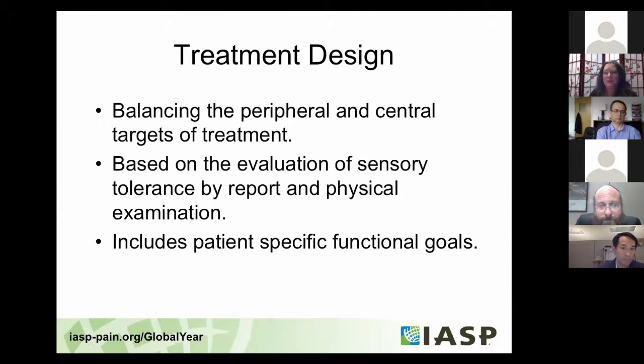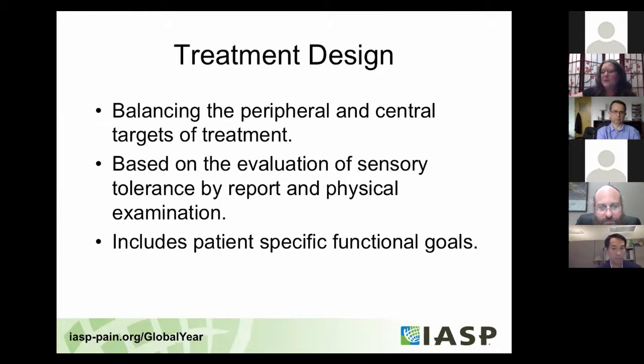So I think that an appropriate individualized treatment design needs to include a balance of both the peripheral drivers, whether that be mechanical pressure sensitivity or ischemia or muscle and movement and connective tissue changes, and also look at the central targets of treatment based on their expectations and beliefs about pain and how they feel about the results of the evaluation.